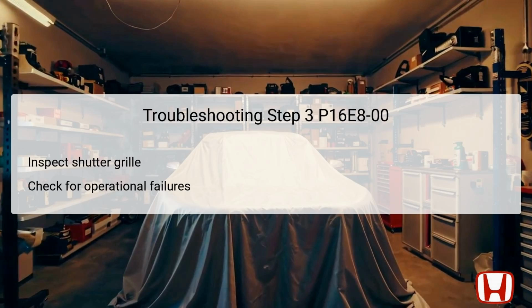Although there is no direct method to test the shutter grille in isolation, technicians can infer its state by assessing the adjacent components and overall system behavior. If the shutter grille is found to be malfunctioning, it may require replacement or repair based on the severity of the issue.